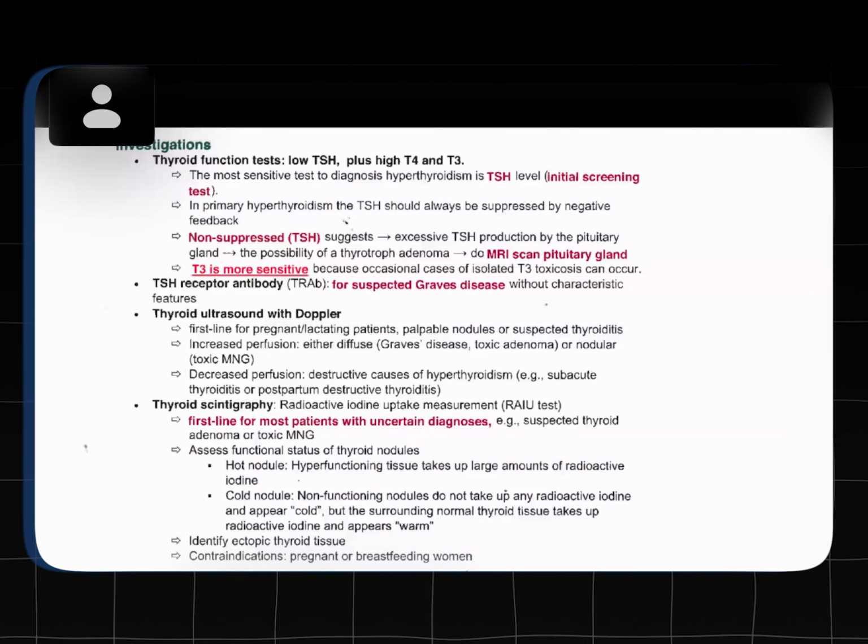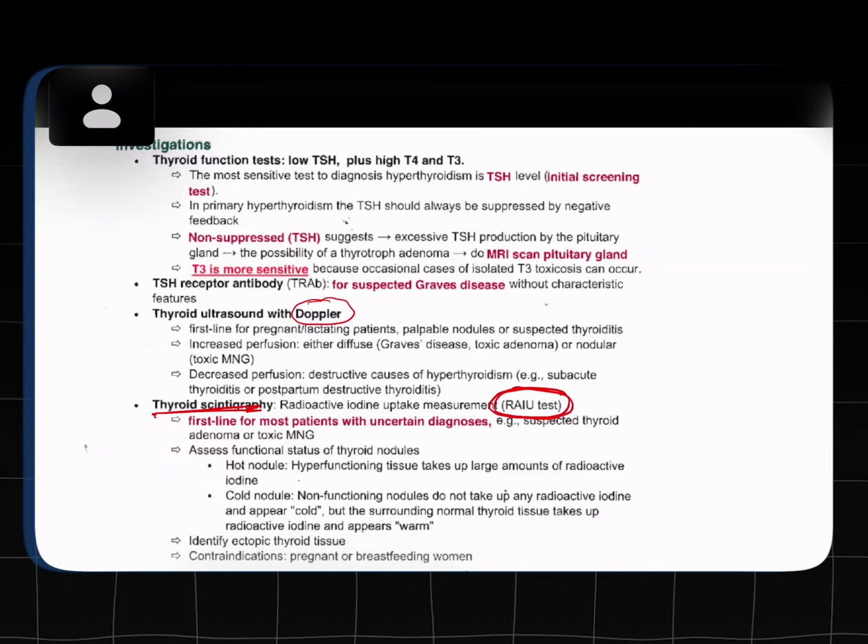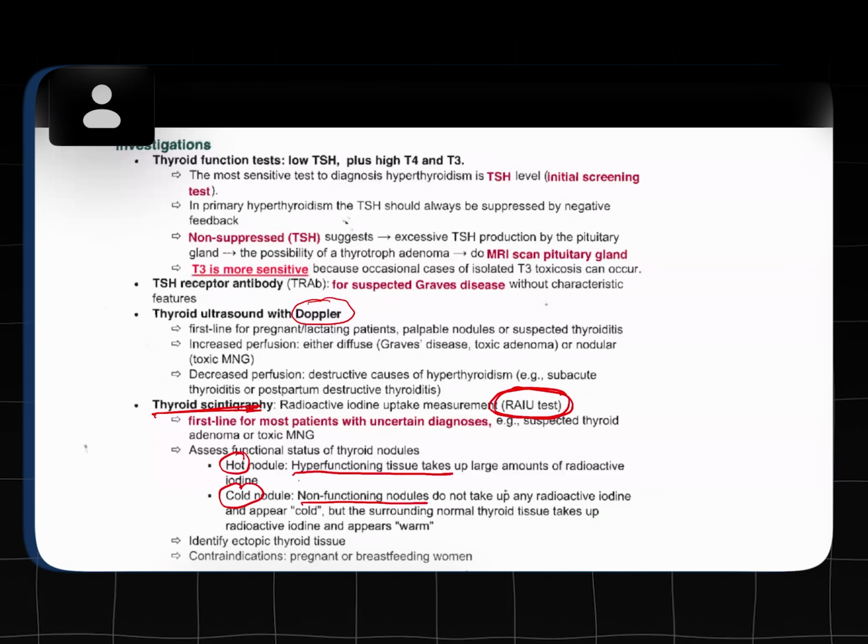Investigations, we know T3, T4, TSH. Apart from that, Doppler ultrasound of the thyroid gland, and thyroid scintigraphy. We have to see the uptake by the radioactive iodine uptake test, RIU test. It can be a hot nodule, hyperfunctioning tissue uptake. It can be a cold nodule, non-functioning nodules.